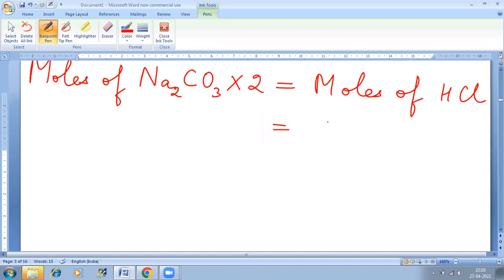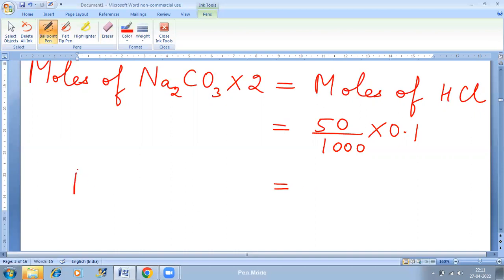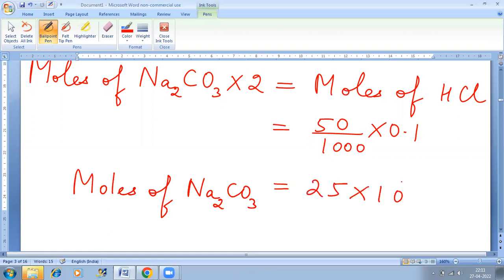Again, I can use the formula, that is volume in liters into normality, because normality is same as molarity for HCl. Hence, directly I'll get the number of moles. And from here, I can say that moles of Na2CO3 will be equal to 25 into 10 raised to minus 4.